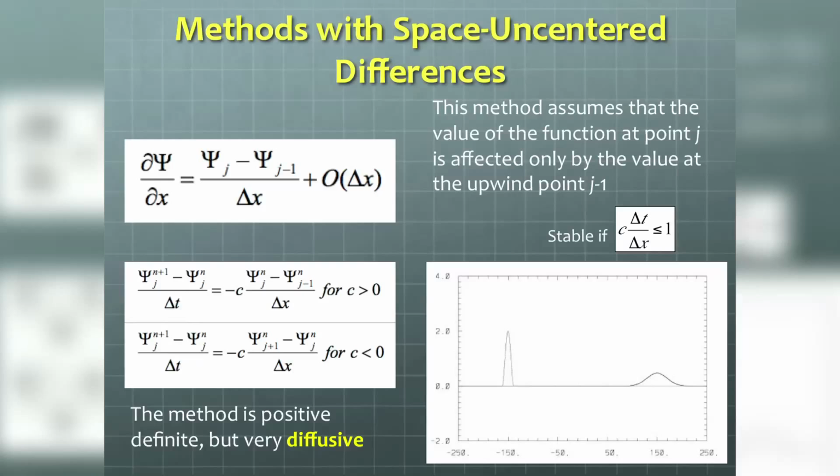But I'm going to go now to the space uncentered difference. In fact, it makes more sense to use an uncentered method. What you do here is approximate your derivative in space by the value at j and the value upwind at j minus 1. Why does it make sense?